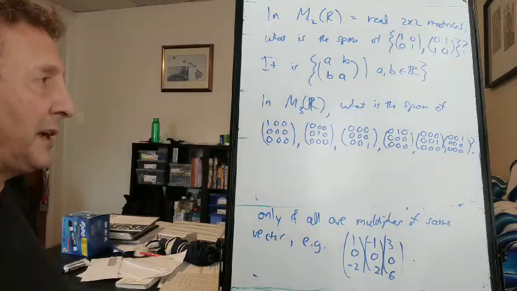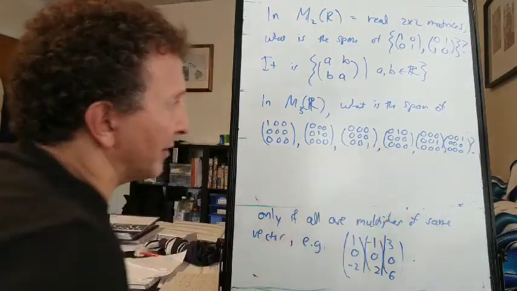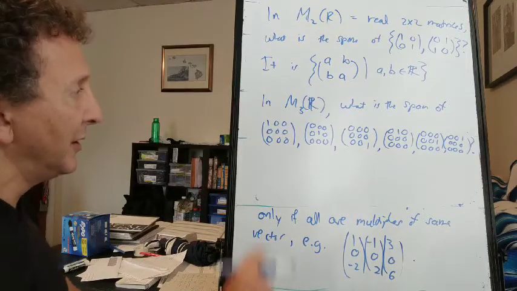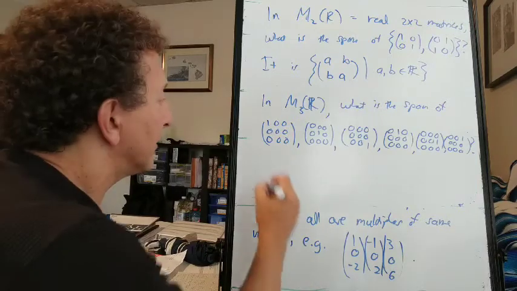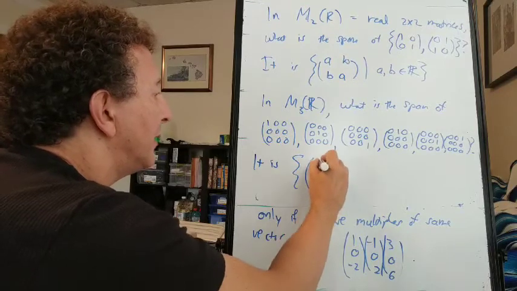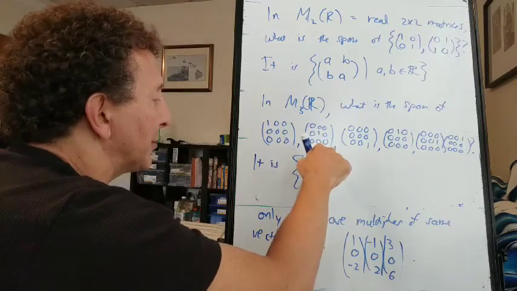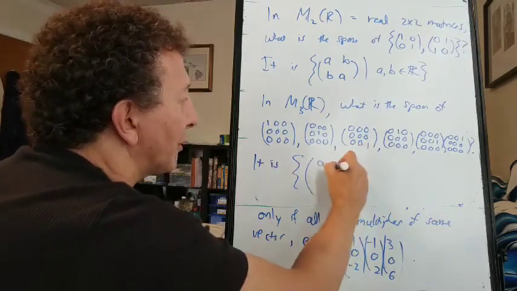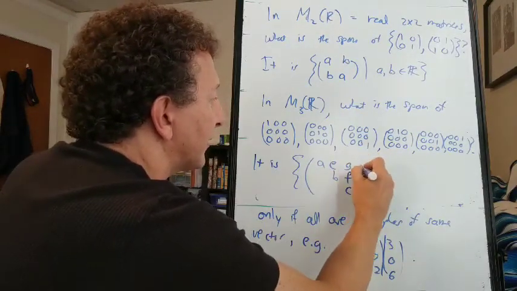Well, if we take linear combinations of them, a multiple of this plus a multiple of that plus a multiple of the third one, etc., then we're going to get the coefficients of the linear combination right in the position where there's a 1 in that matrix. So it's all the matrices of the form A times the first, plus B times the second, plus C times the third, plus E times the fourth, plus F times the fifth, plus G times the sixth.